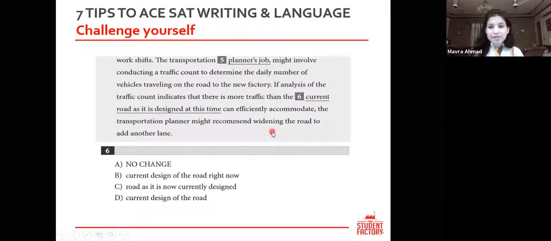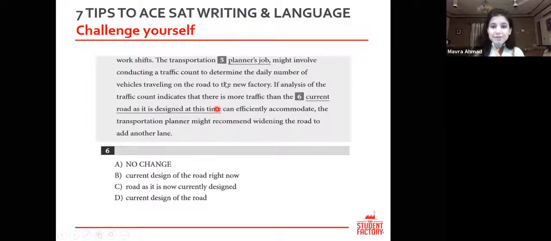I am going to read out sentence number 6 right after the full stop. If analysis of the traffic count indicates that there is more traffic than the current road as it is designed, how are we going to look at this question now. अब यहाँ पर current road as it is designed at this time है. इस पूरे phrase में आपको क्या चीज गलत नजर आ रही है?